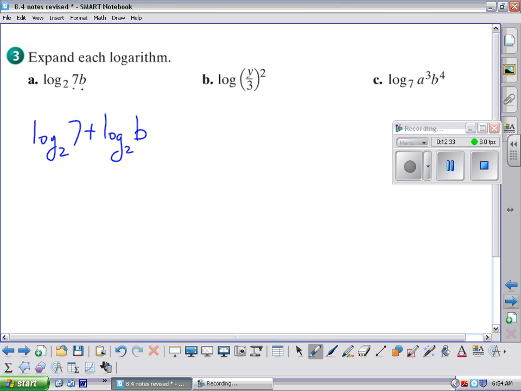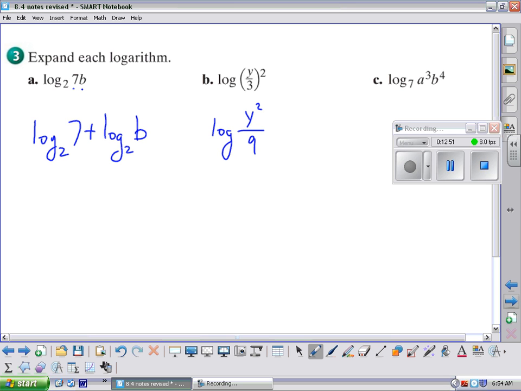Okay? Now this one, before I do anything with the power rule, I'm going to write this way to start. This is just my personal preference. Y squared over 3 squared, which is 9. Okay? I think that makes it a little cleaner for you.